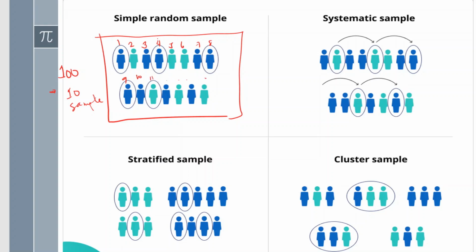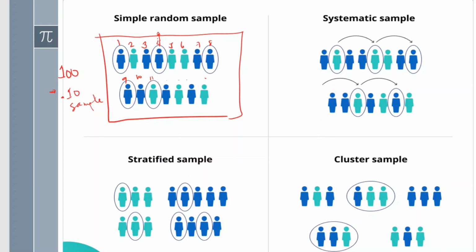Then you draw random numbers, or you put their numbers in a fishbowl and draw. So it is draw lots. Whoever picks number 4, then number 4 will be part of your study. If you pick again, say you pick number 20, then individual number 20 will be part of your study, until you satisfy your sample size, and that is 10.